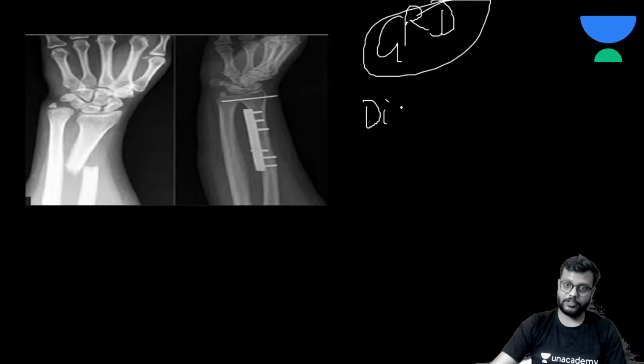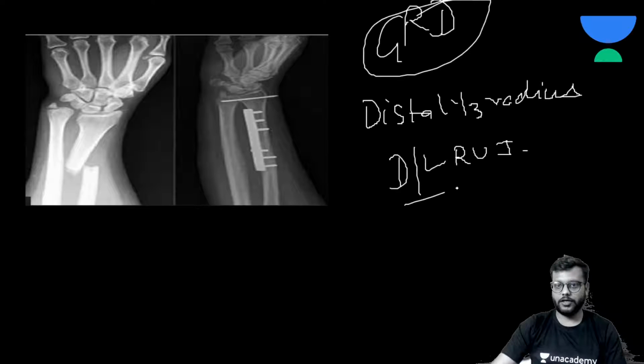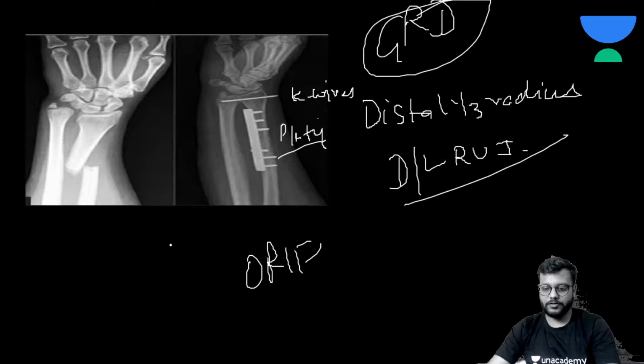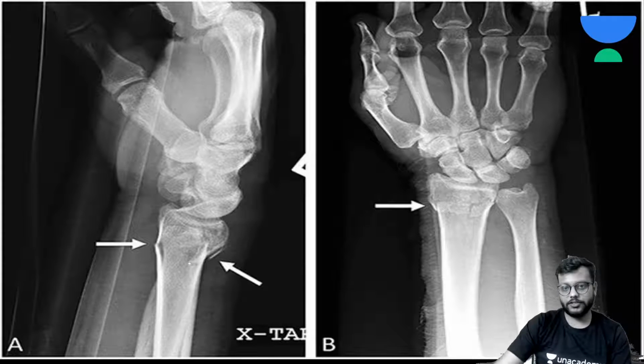Galeazzi means distal 1/3 radius fracture with dislocation of the distal radioulnar joint, and it is fixed by ORIF, in which you do plating of the radius, and you fix the radioulnar joint with K wire. Okay, this is Galeazzi fracture. Okay, now which fracture is this?